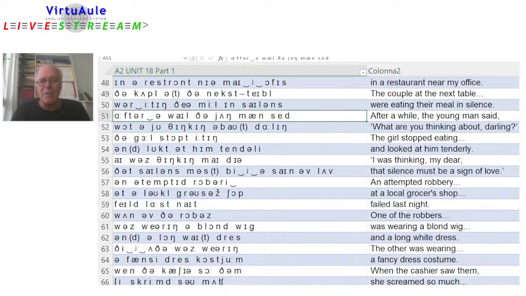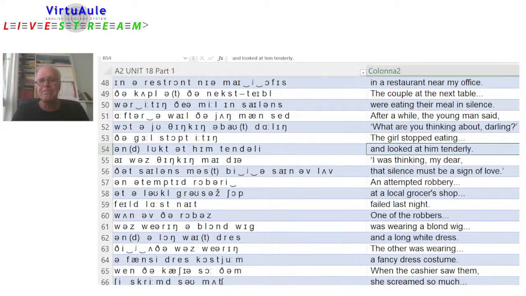After a while, the young man said, "What are you thinking about, darling?" The girl stopped eating and looked at him tenderly.